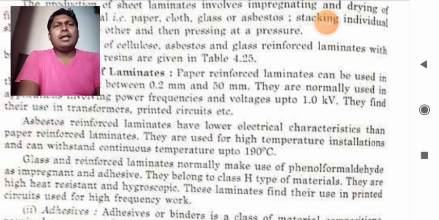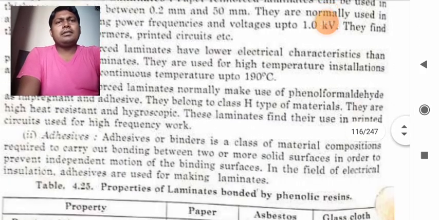They belong to class H type of material. They are heat resistant, which is quite high, and are hygroscopic. These laminates find their use in printed circuits used in high frequency work. Now we will discuss adhesives. Adhesives are binders, a class of material.